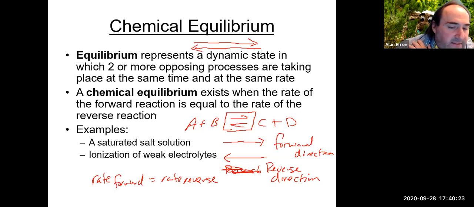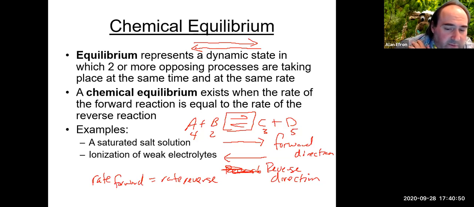And what that means is whatever the concentrations were of our reactants at that point, and whatever our concentrations were of our products at that point, they essentially will maintain those concentrations. So for example, if A was, say, 4 at that point, and B was 2, and C was 3, and D was 5 molar or something like that.